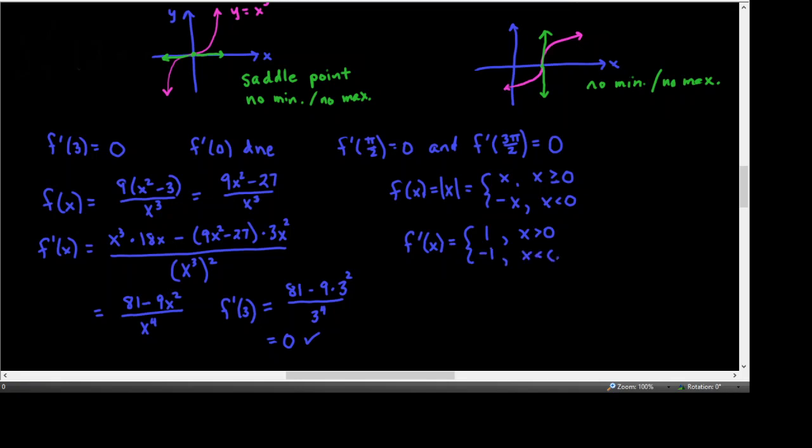And we did something like this earlier. The derivative at 0 is undefined. It's one of those corners. And therefore, it's not going to have a first derivative answer there, because the derivative from the left side would be headed towards negative 1, and from the right it would be headed towards positive 1, and those aren't the same.